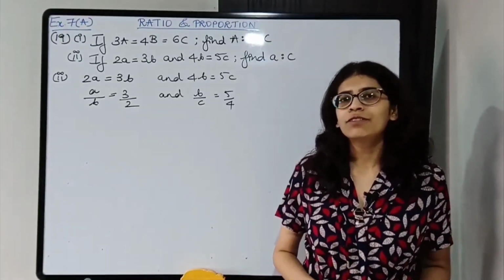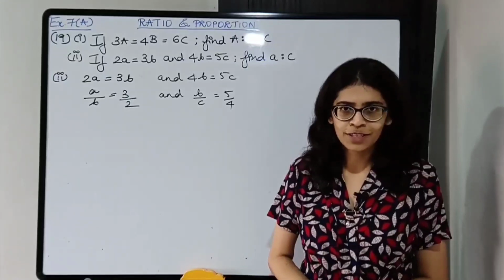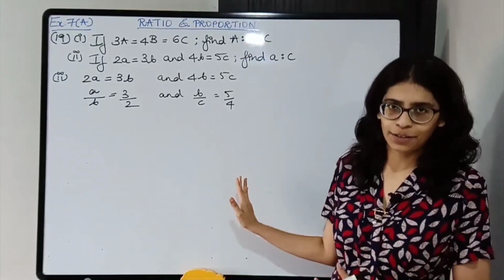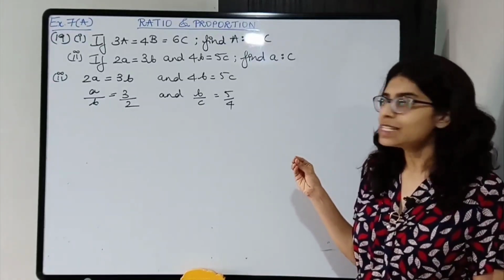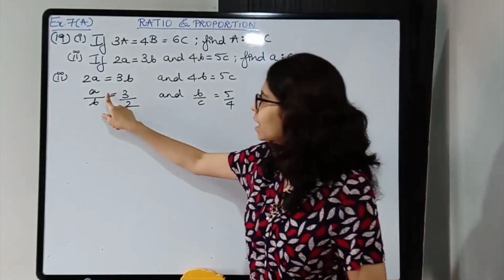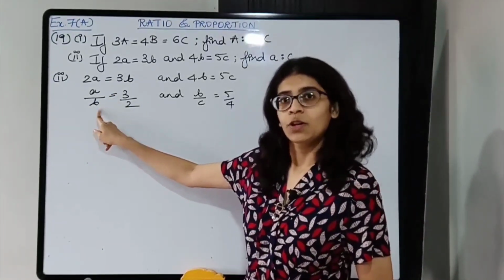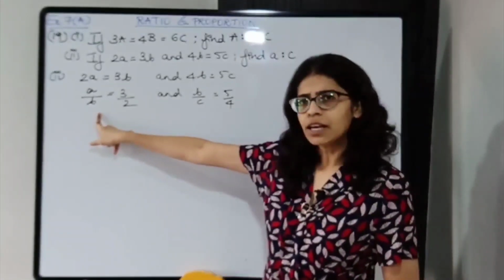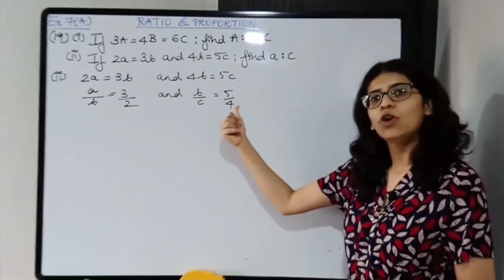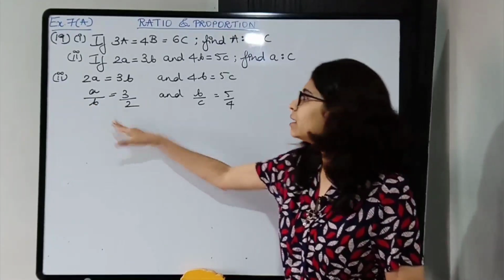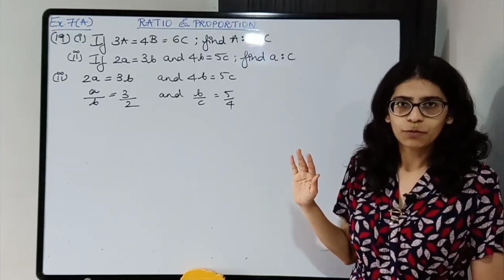There is one more method for the second part of the question, students. So I'll show you that method. Over here you don't need to introduce any common factor. So what you will do is, you need to find a is to c. Now you are given a upon b का ratio. What other ratio are given? b upon c का ratio. So यहाँ पे भी b है, यहाँ पे भी b है. What you will do? a you will express in terms of b and c also you will express in terms of b.